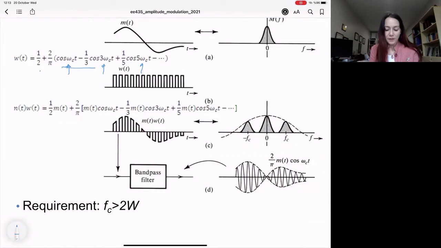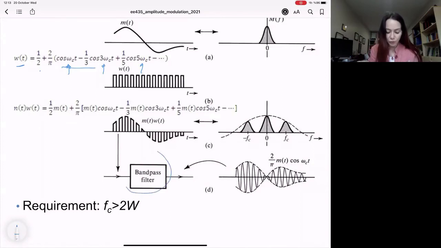And obviously when you multiply m(t) with this w(t), we have m(t) itself plus m(t) multiplied by cosine wct, which is the double sideband suppressed carrier that we want, plus higher order frequency components. What can we do to eliminate the higher order frequency components?